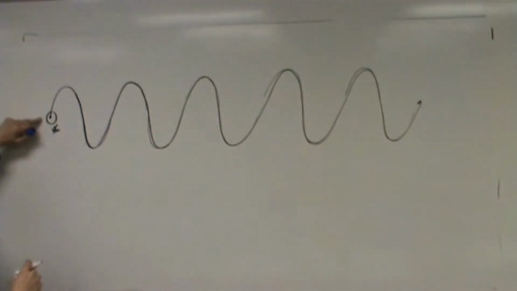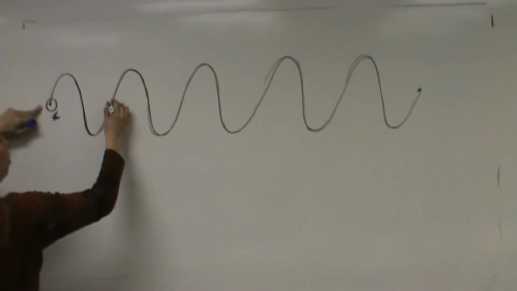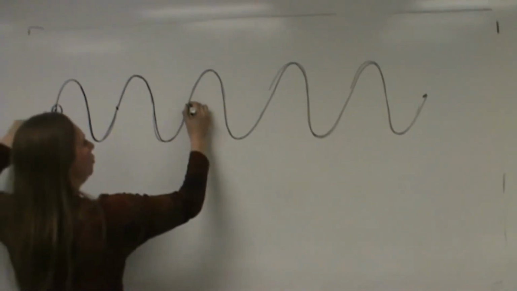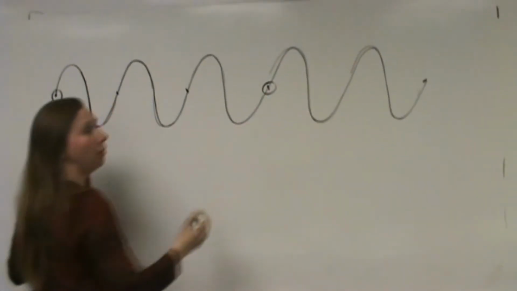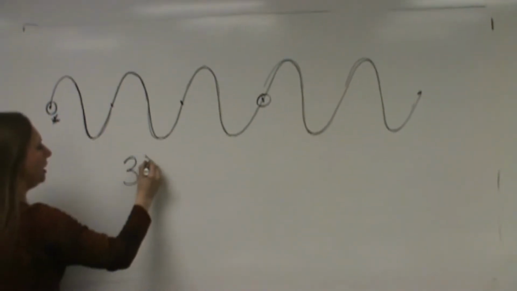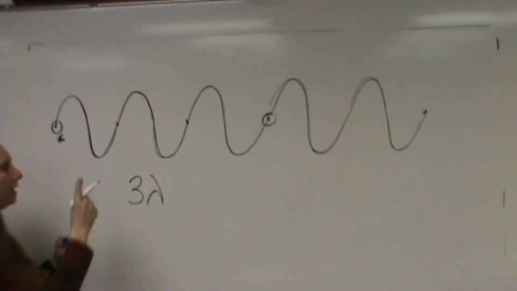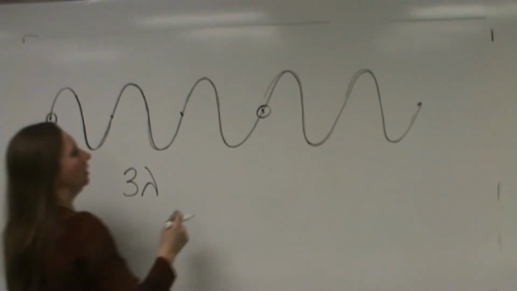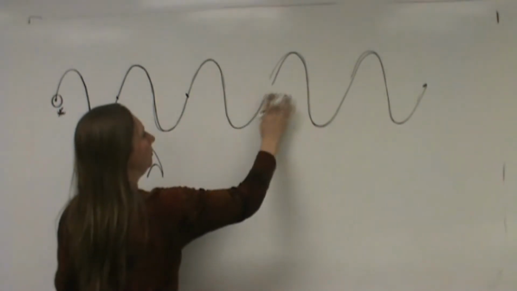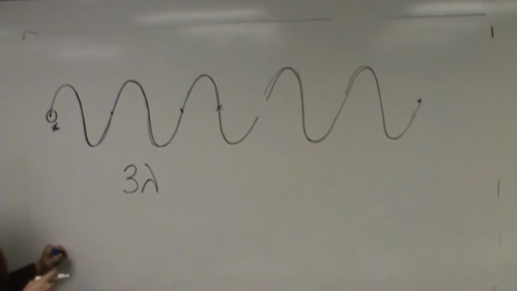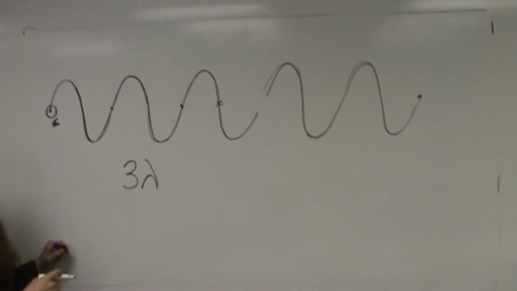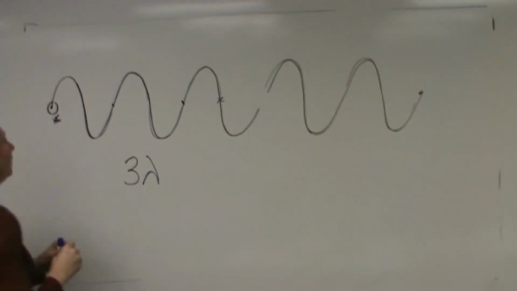From here, all right, we can have 1, 2, 3 wavelengths apart, exactly 3 wavelengths apart would be in phase. Now, what about this point? We said that that point was out of phase. So, how many half wavelengths is that?